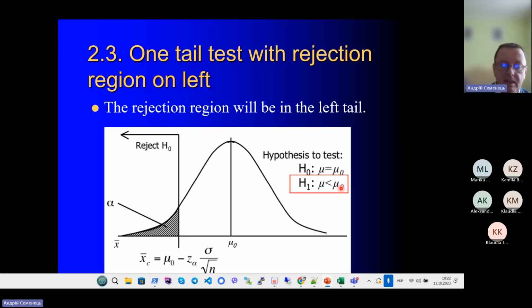It's like a left-tailed test. So here will be our alpha level, and in this area we'll have evidence to reject the null hypothesis in favor of the alternative. On the right side, we are not sure. We do not have enough evidence to make a conclusion.